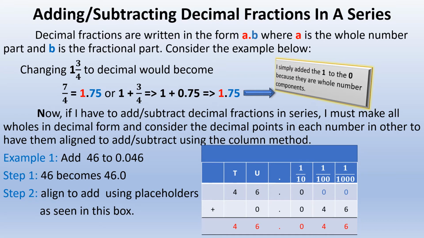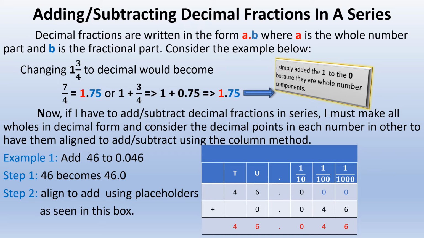I simply add the 1 and the 0 because they are the whole number components. So 1 plus 0 gives me 1, and 1 plus 0.75 gives me 1.75. If you have any confusion so far, please feel free to leave comments under this video.